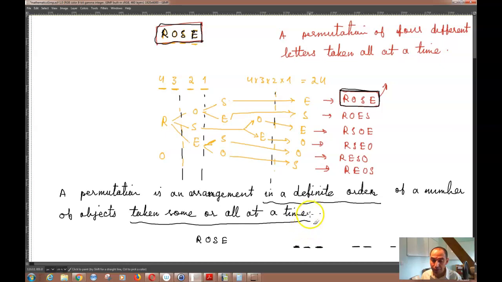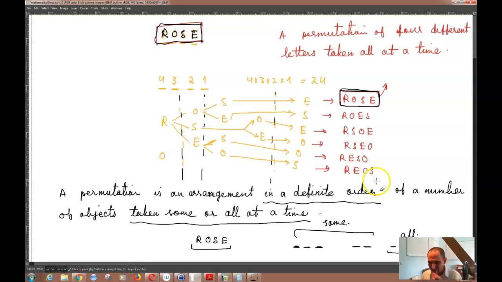But at the end of the day, you're taking the same number of objects, and out of the same number of objects, you're taking all of them at a time, or some of them at a time.